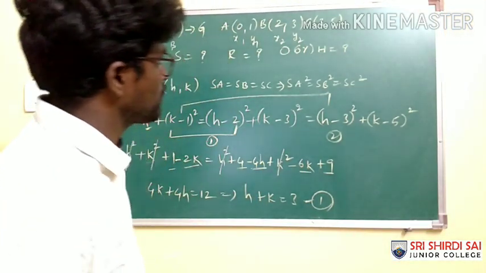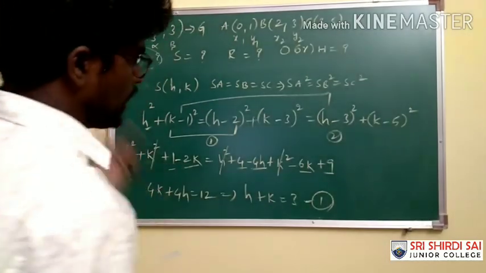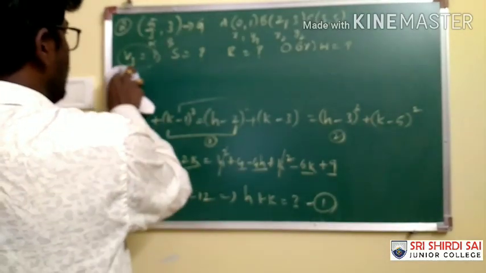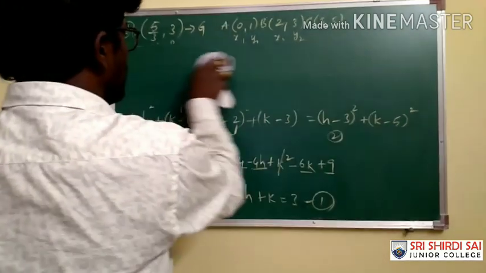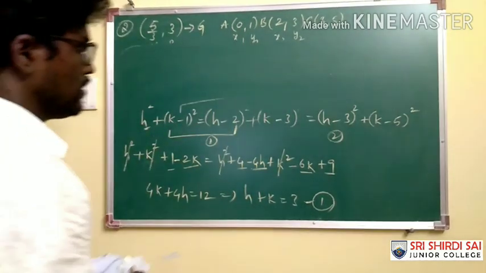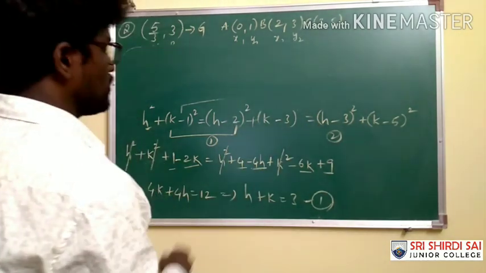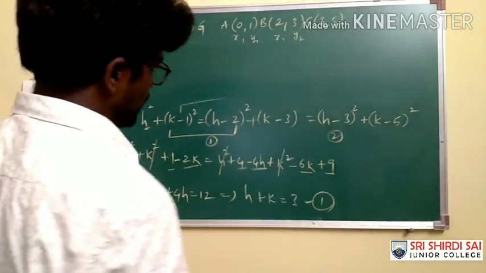Let's solve for the next equation. I'm going to erase this particular part for the calculation. Taking the equality between the first and third, it will be easier for us.